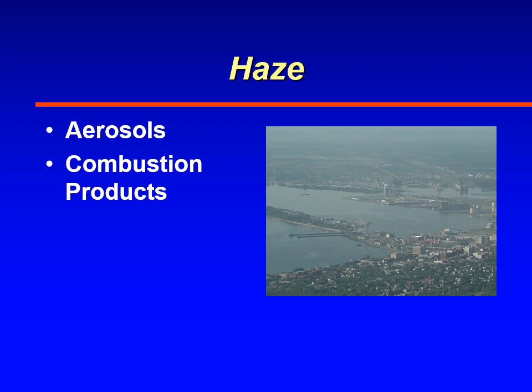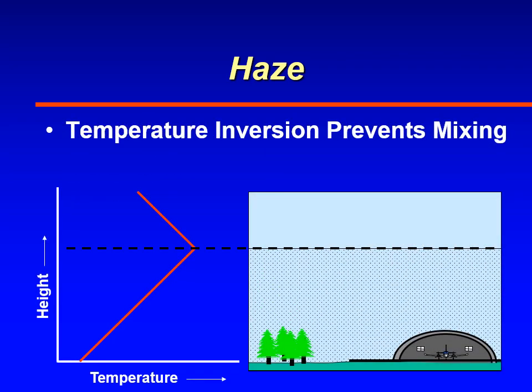Pollution basically is haze. So haze is usually the worst when there's a strong inversion that prevents the atmosphere from mixing out, meaning the lower layers combining with the upper layers to distribute all the pollution and dust and other things.